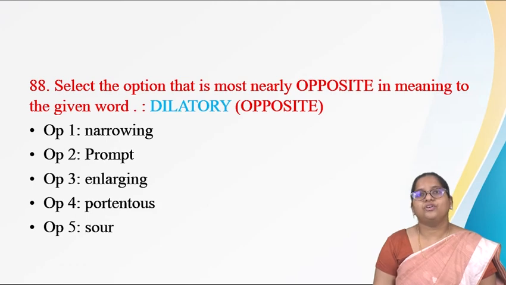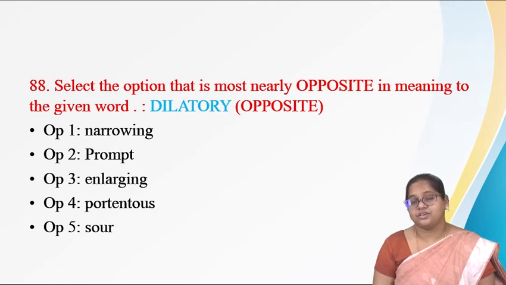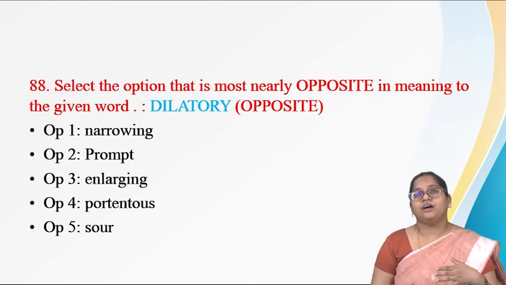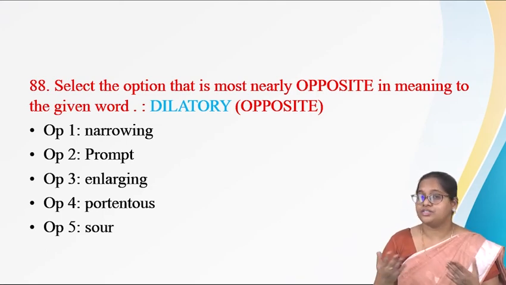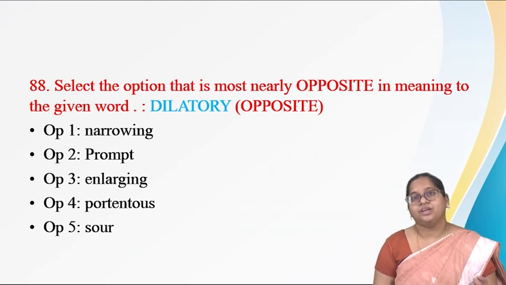Option 4, portentous. Portentous is like you predict something, you foresee something. That is the meaning. Option 5, sour. It is nothing to do with sourness or any kind of taste.